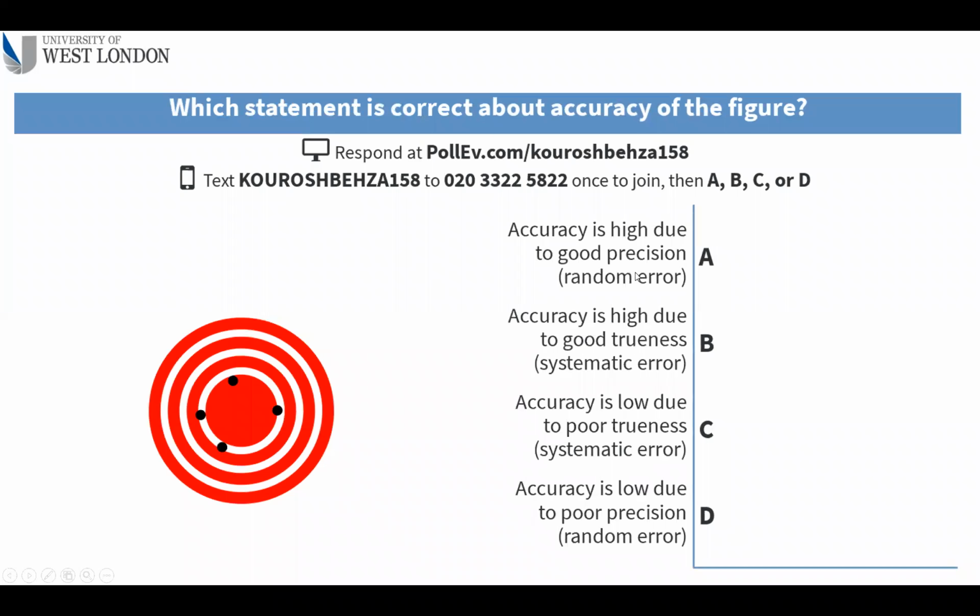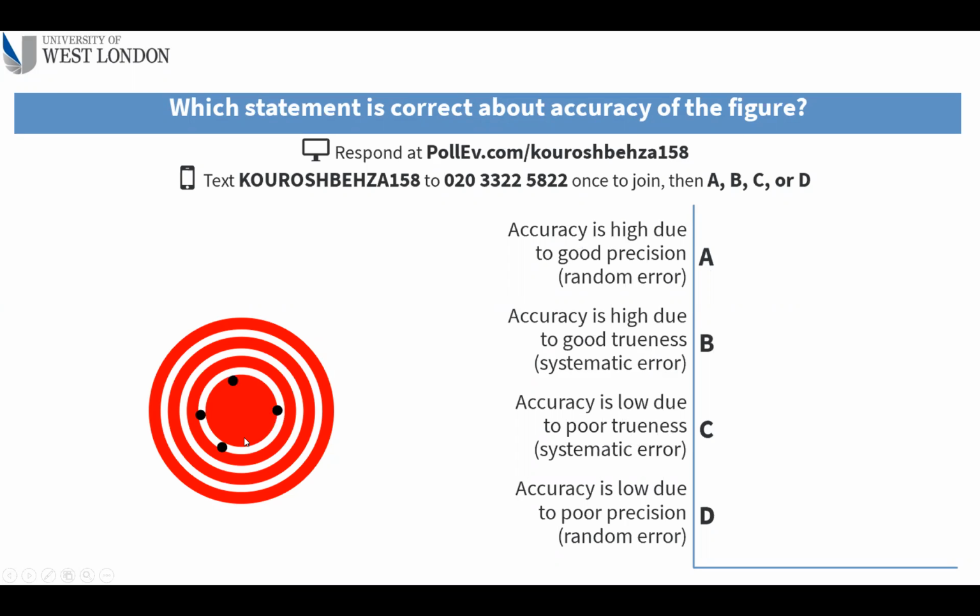The second question is another shooting target. We have 4 shots again here. A shooter has got something like this, and we're going to evaluate the accuracy of its shooting. So the accuracy is either high or low. If it's high, option A, due to the good precision or random error; or high due to the good trueness or systematic error; or low due to the poor trueness because of the systematic error; or low due to the poor precision because of the random error.